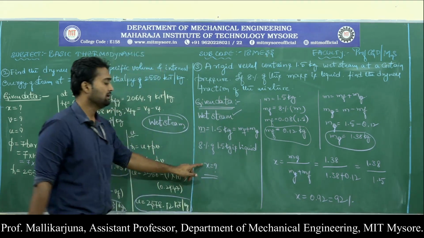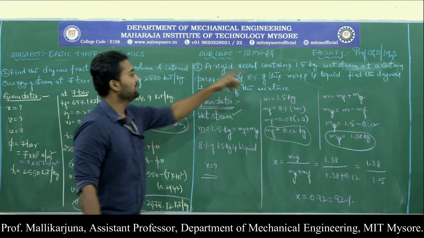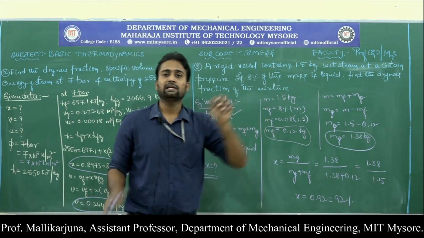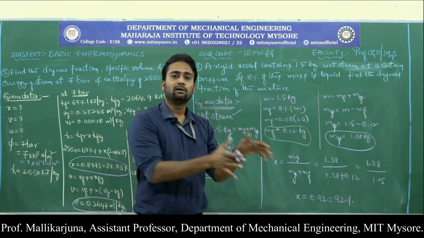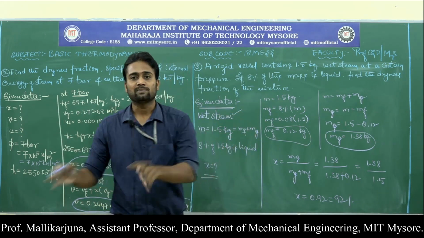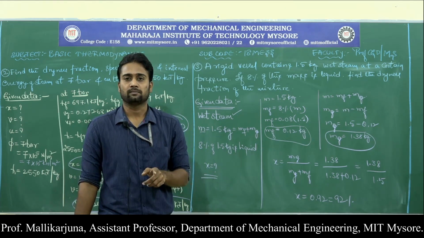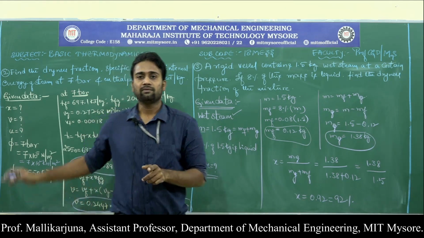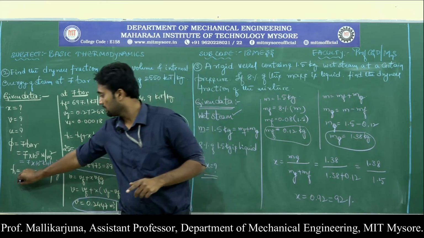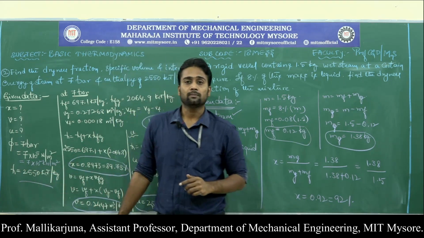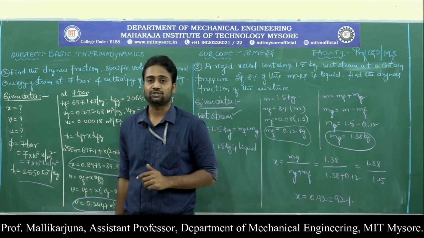Now, the question is dryness fraction. Here, I am not provided with any of the properties like enthalpy, entropy, specific volume, etc. But he wants me to calculate dryness fraction. In the previous problem, they mentioned one of the properties of the steam, which is enthalpy h.